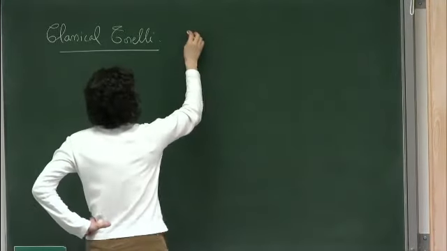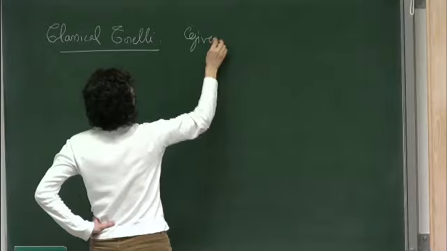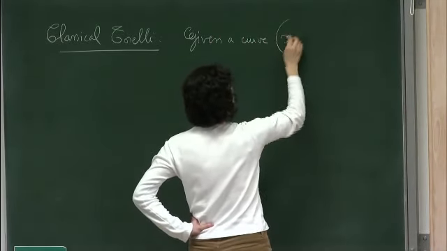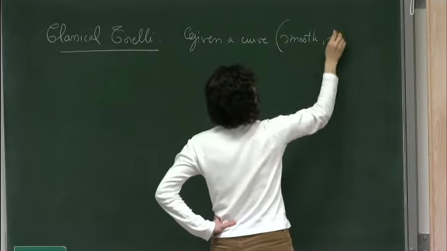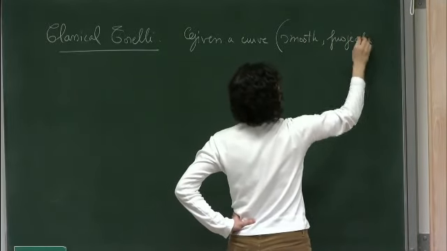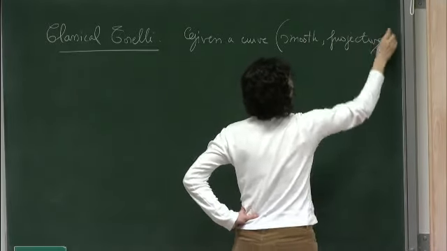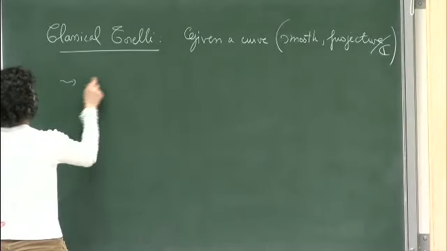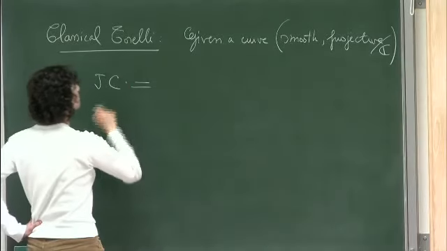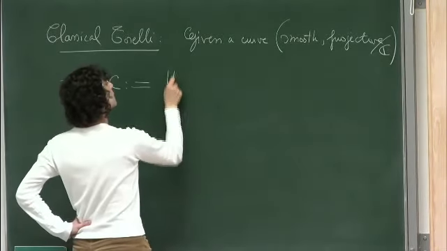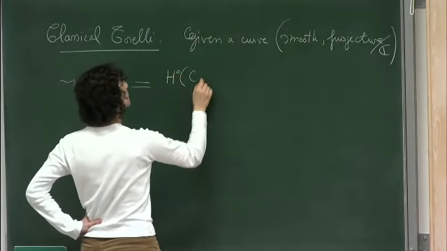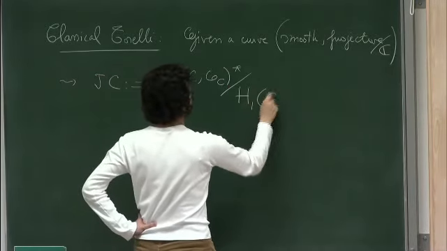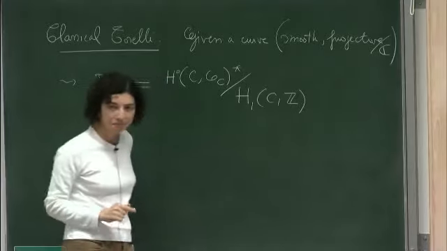So if you are given a curve, I mean smooth projective over C, then you can define its Jacobian, which by definition I will take to be H^0(C, Ω_C) dual modulo H_1(C, Z).